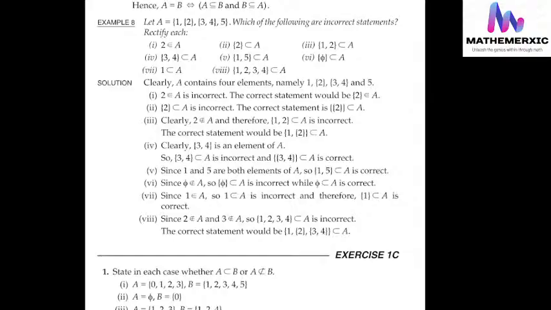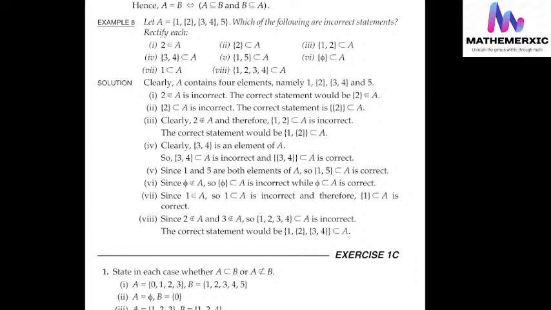So 5 does not belong to A, but it is incorrect. If you write just 5 is a proper subset of A, that is correct because it belongs to everything.